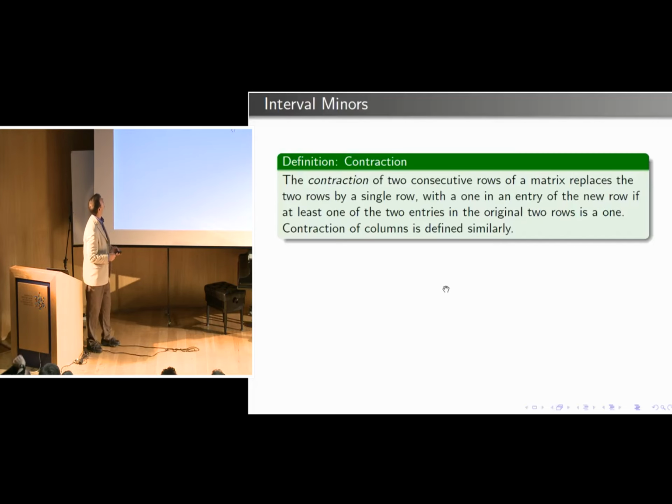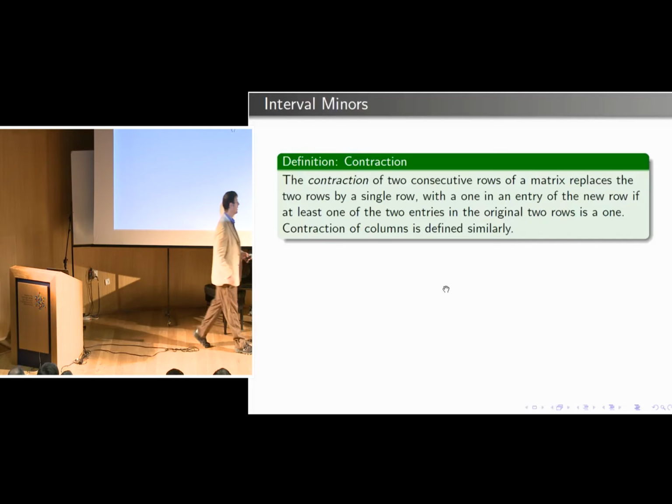So what is this? If you have two consecutive rows of a matrix, we replace the two rows by a single row, with a 1 in an entry of the new row if at least one of the two entries in the original two rows is a 1. Contraction of columns is defined similarly. So this is just an example here. Here's a matrix with 3 rows, 4 columns. Let's see what happens if we contract the first 2 rows.